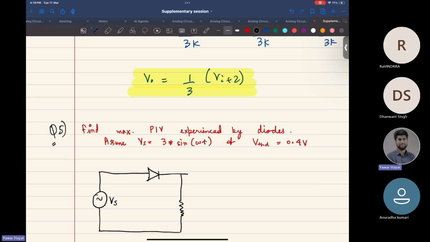This is the resistance, let's say this is R, and say this is VO. So how much would be the peak inverse voltage of this diode?